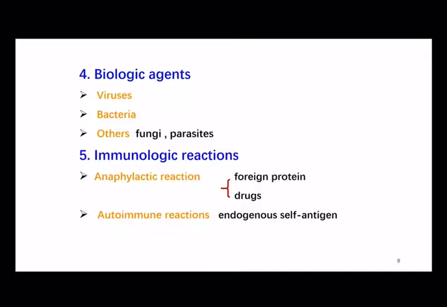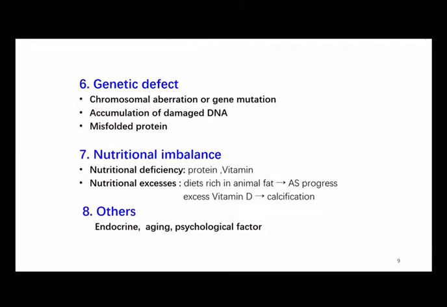The self-antigens can cause many diseases such as nephritis and hyperthyroidism. There are some other causes, for example, genetic defects, nutritional imbalance, endocrine disorders, aging, and so on.